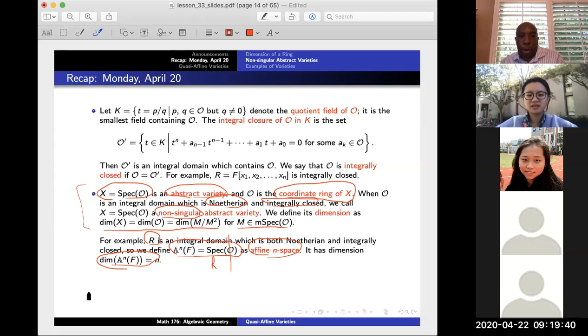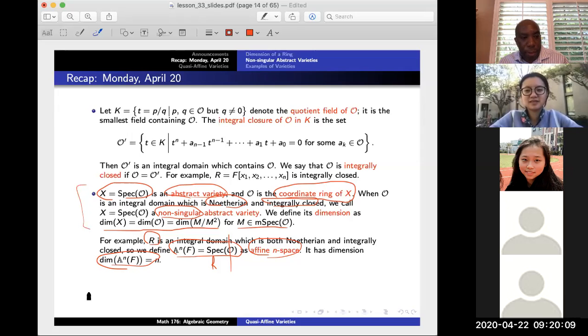In fact, this is actually part of the definition, that for it to be non-singular, this dimension is the dimension of O_M for all M. So it's kind of built in. I'll just explain this on the next slide. But the point is that this dimension of M mod M squared should be the same for all M, and that's equivalent to being a non-singular variety. Okay, thank you. Okay. All right, any other questions here?